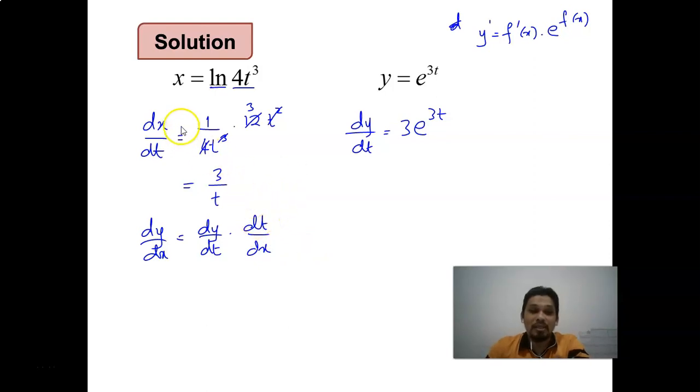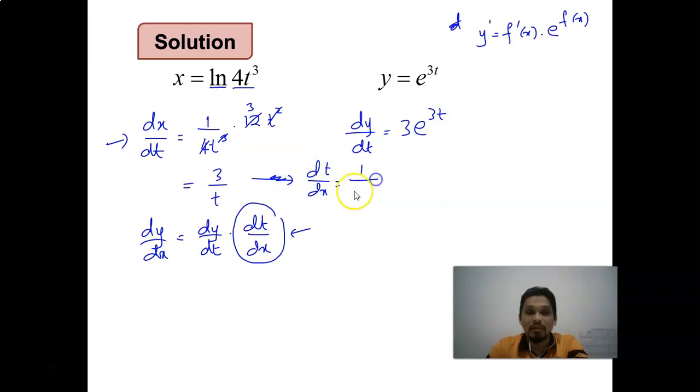What we have right now is dx dt, so for dt dx we are going to come out with 1 over dx dt.